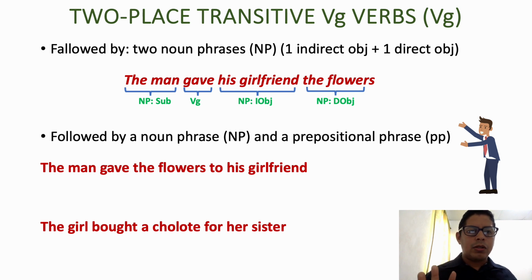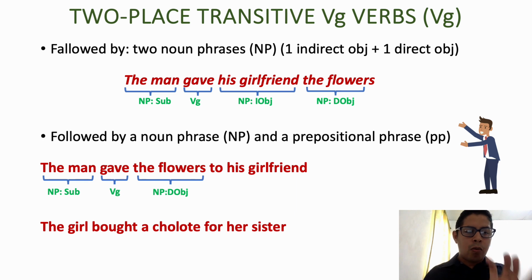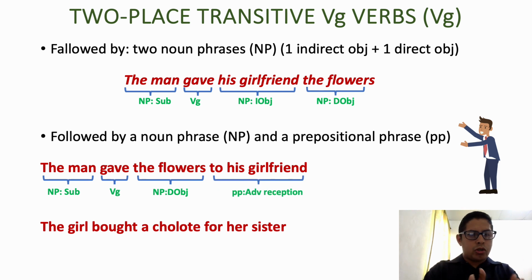In here, you need to pay attention that sometimes it changes a little bit. I'm going to give you the same example. The man gave the flowers to his girlfriend. So this time flowers, that is the direct object, is right after the VG verb. When we switch the position, instead of having the direct object at the end, we have it right after the VG verb, so immediately we need to put the preposition to.